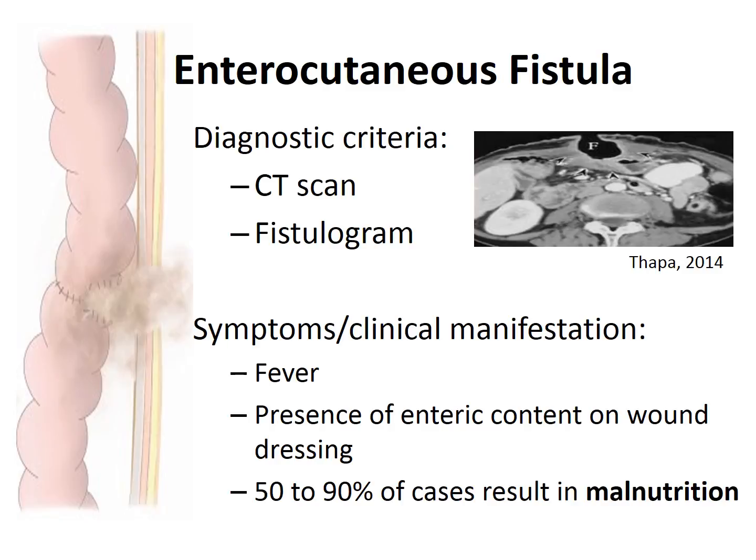Fecal matter should not be coming through that abdominal wall, and certainly can be used as a diagnostic tool and as a sign presented. Last, it's important to note that 50 to 90% of cases result in malnutrition. This is especially important to note as we will move into discussing malnutrition in a little bit, and as we will look at our patient in this case.